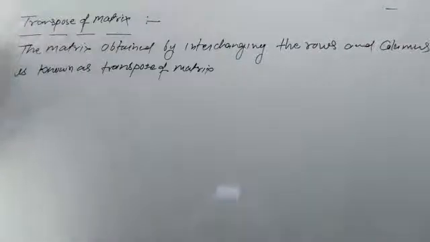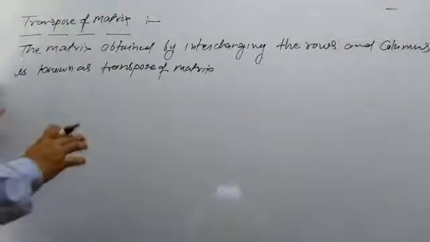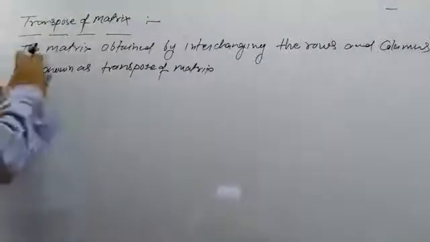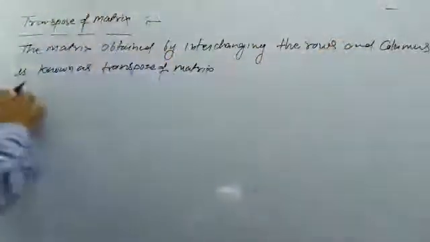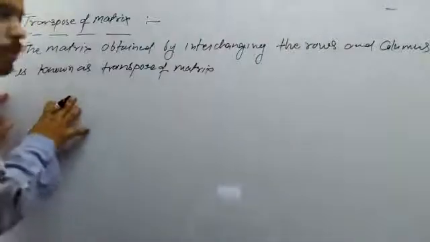This is the basic definition of transpose of matrix. How will you define the transpose of matrix? The matrix obtained by interchanging the rows and columns is known as transpose of matrix.